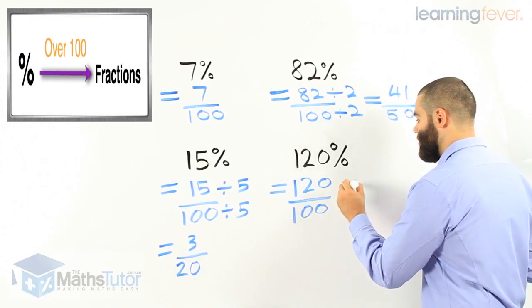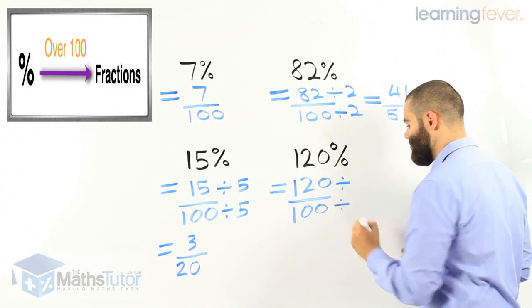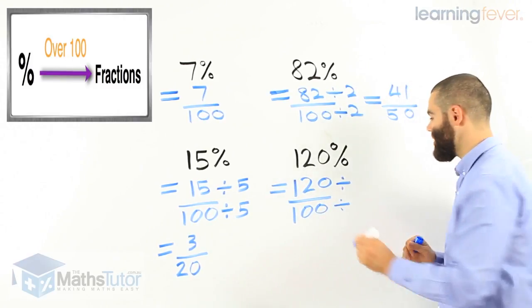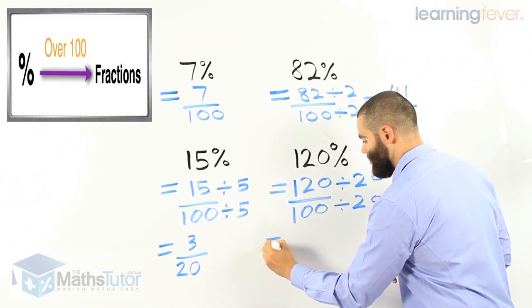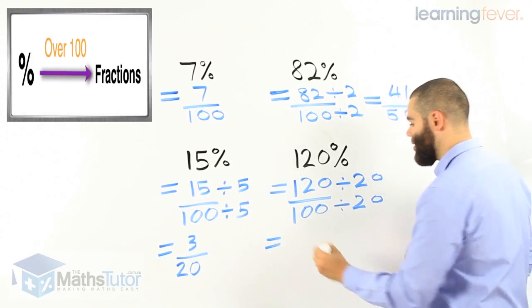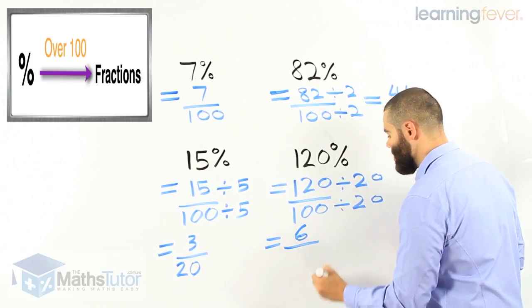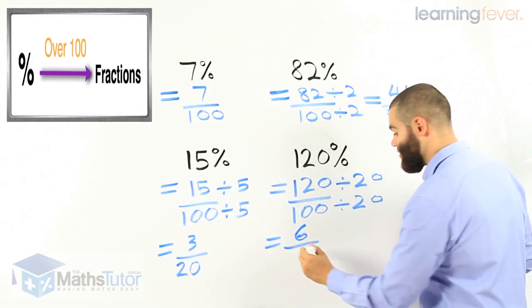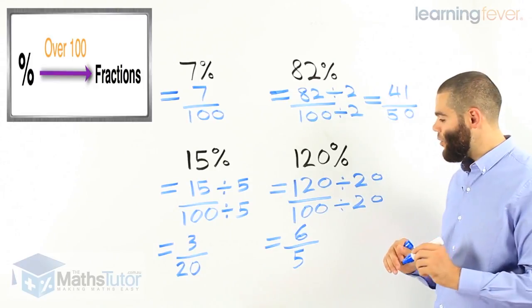Well, if we simplify it, we look for the highest common factor, and the highest common factor is 20. 120 divided by 20 is 6. And 100 divided by 20 is 5. 6 over 5.